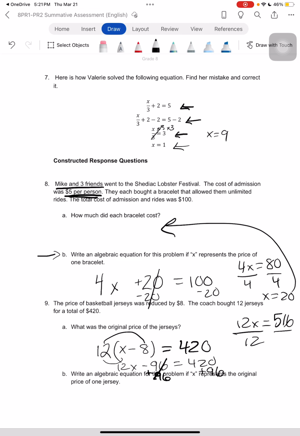Then we divide both sides by 12. And x equals 43. I wouldn't ask you that big of a number on an assessment because I can't expect you to do numbers that big without a calculator. Okay? So the original price of the jerseys was $43 each. And here is my algebraic equation.